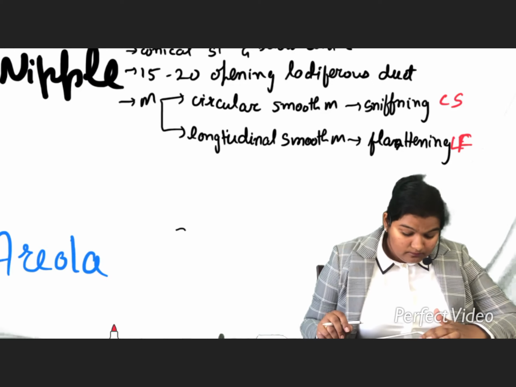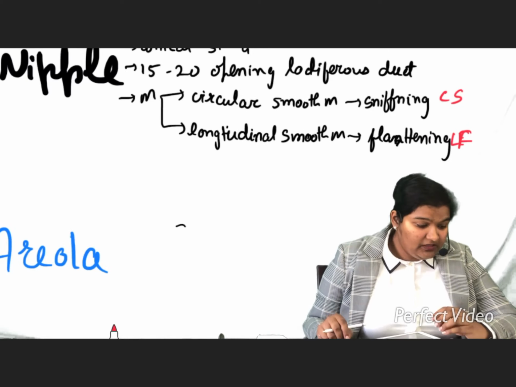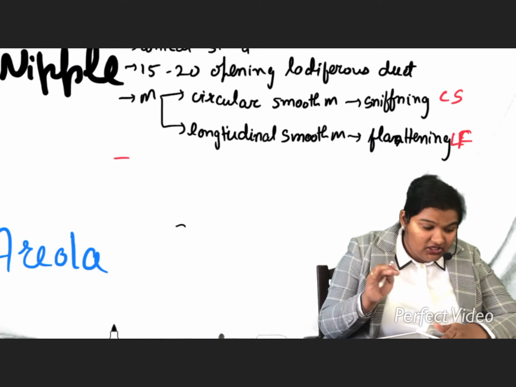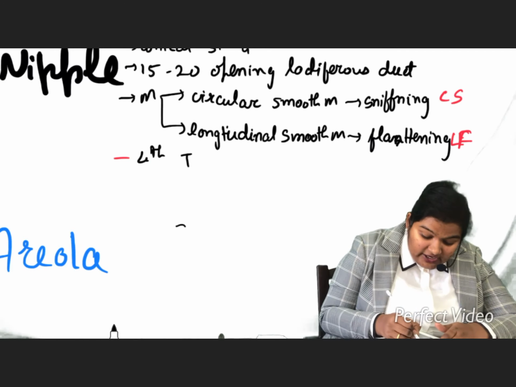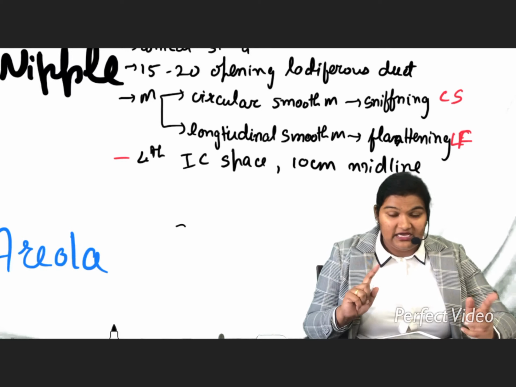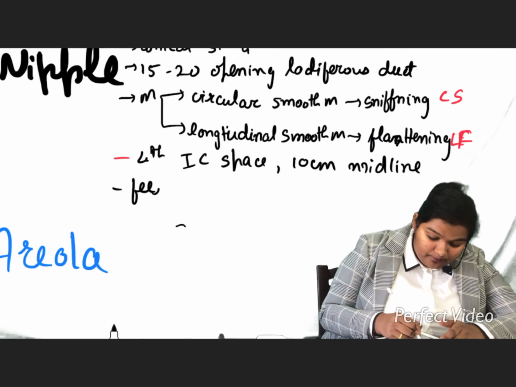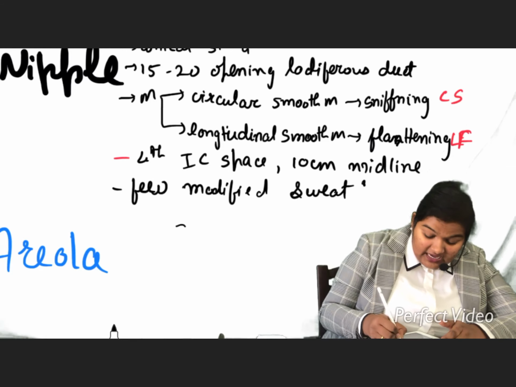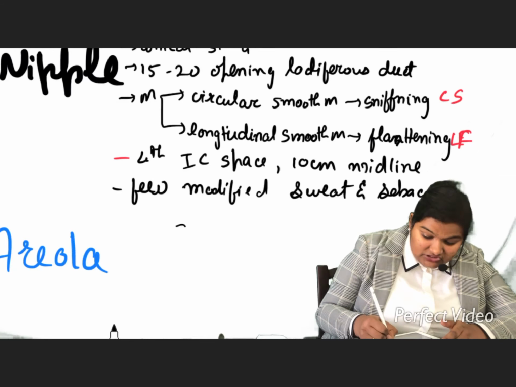Now, where is the nipple situated? It is situated at the level of the 4th intercostal space and 10 centimeter from the midline, and it has a few modified sweat and sebaceous glands.